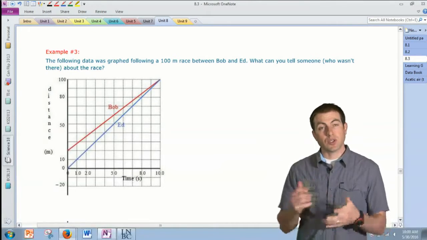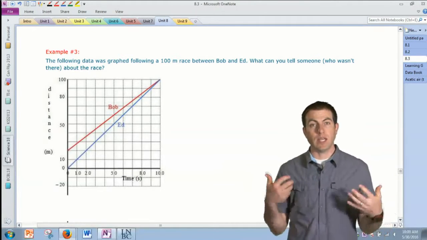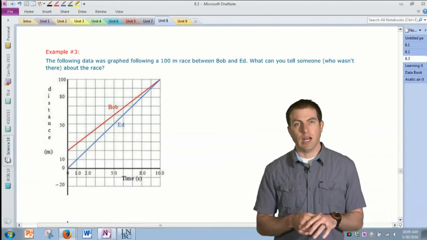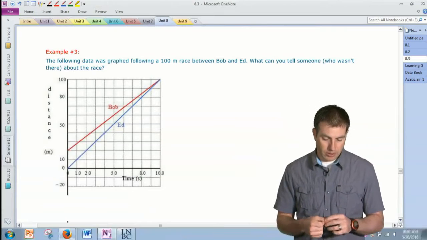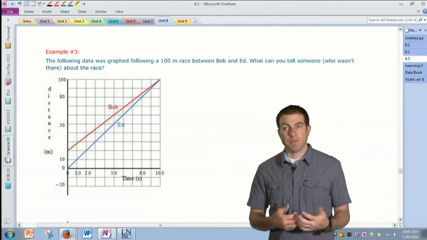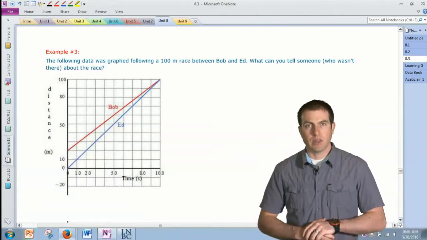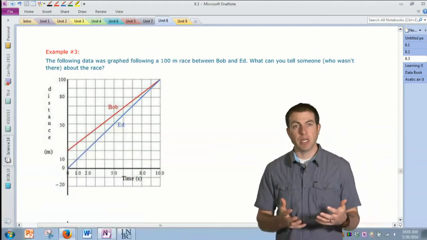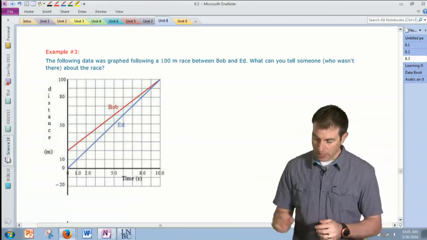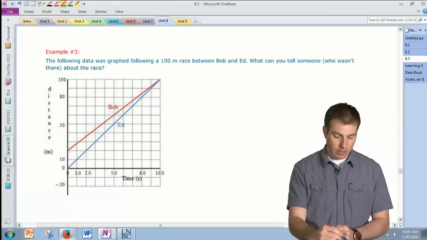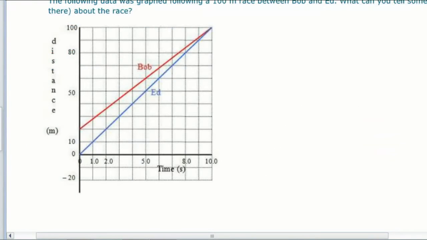Again, if you were to describe to somebody who wasn't at this race, your mom, dad, little sister, brother, what was going on? What's happening at the race? You can tell a ton of information from this graph. So it's a 100-meter race. I check and I see that I have a position time graph or a distance time graph.